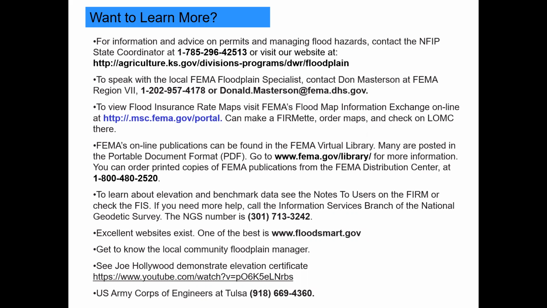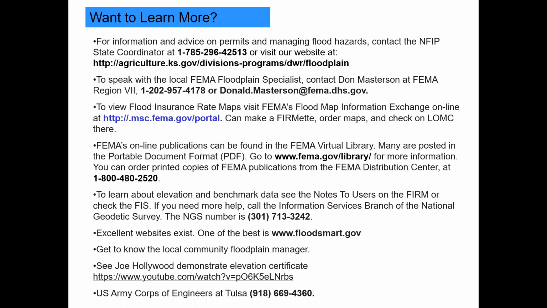So for more information, I put Tara's number there. She's the state coordinator. We have FEMA regional staff. They will usually refer you to us, so we should probably be your first stop. The FIRMette and flood maps, that would be the FEMA Map Service Center, and I talked more about that yesterday for Section B, so check out the other recordings.